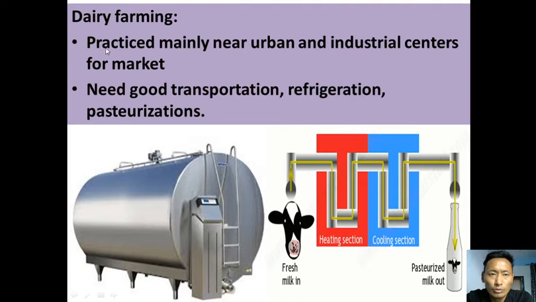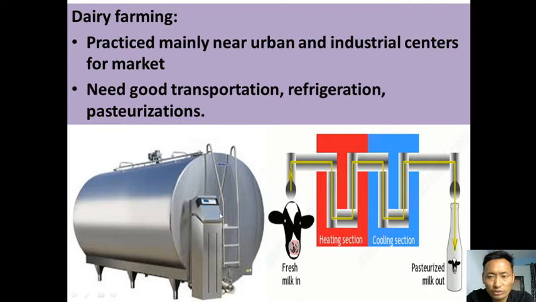So mostly dairy farming is practiced near the cities and towns of the world, and industrial centers, because they are supplying their product to these regions for their market. They need very good transportation and refrigeration.